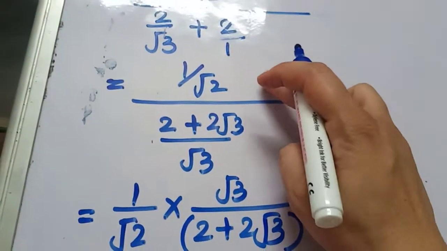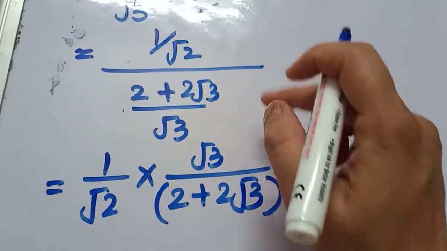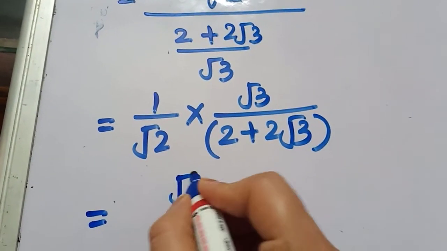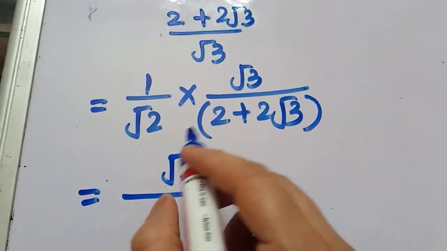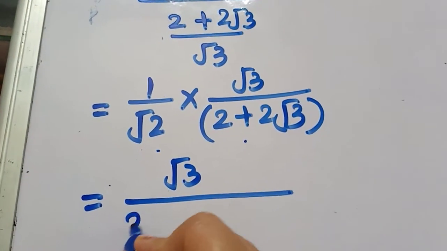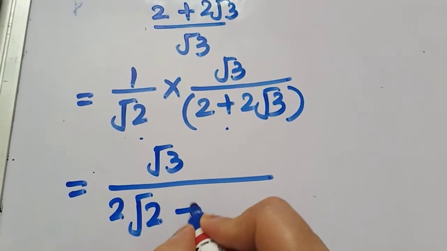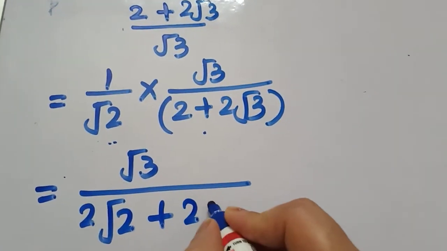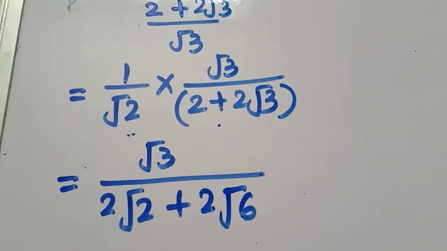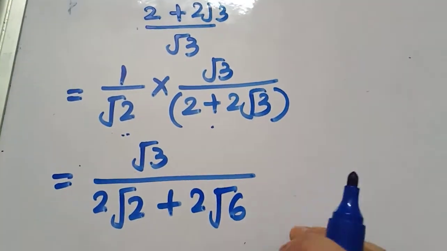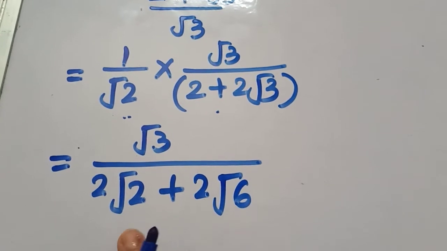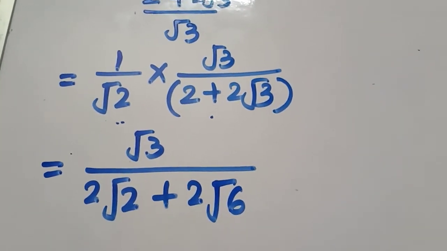We have simplified the numerator and denominator. Now it becomes root 3 upon, multiplying it, 2 root 2 plus root 2 into 2 root 3, which becomes 2 root 6. Now our question is complete here, but as there is an irrational number in the denominator, we have to rationalize it.